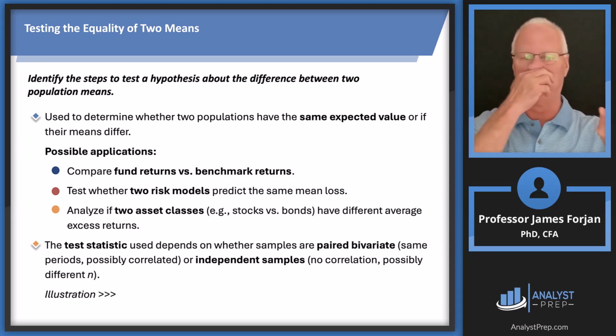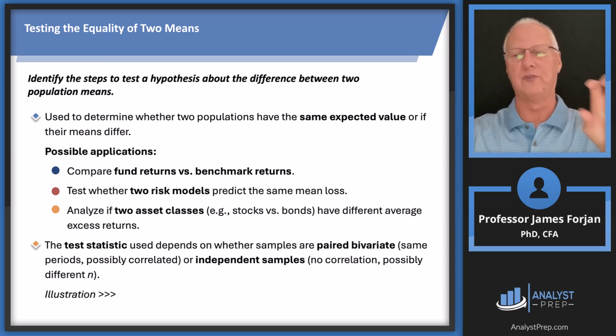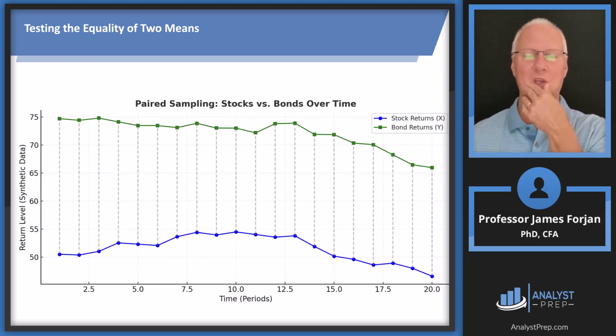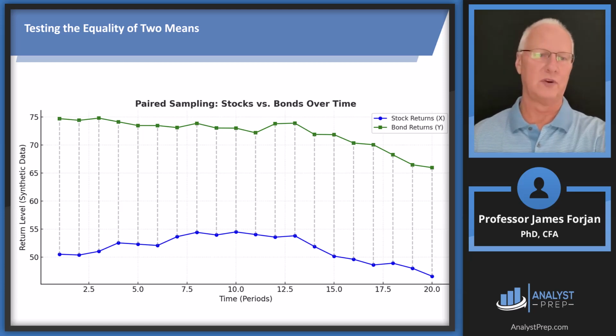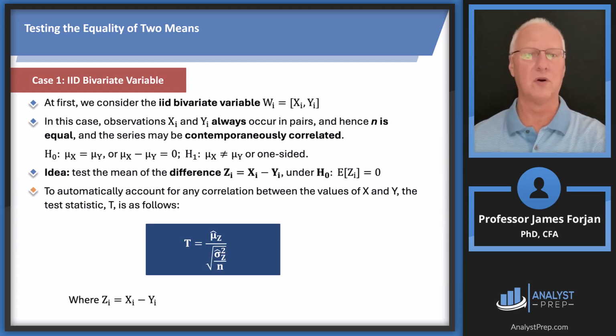Like if we want to compare, look at that third one there, stock returns versus bond returns during the same period. That would be a paired bivariate test. So here's the example of the stocks and the bonds. These are time periods, so there's the return level. And so, hey, are these two identical or are they different?